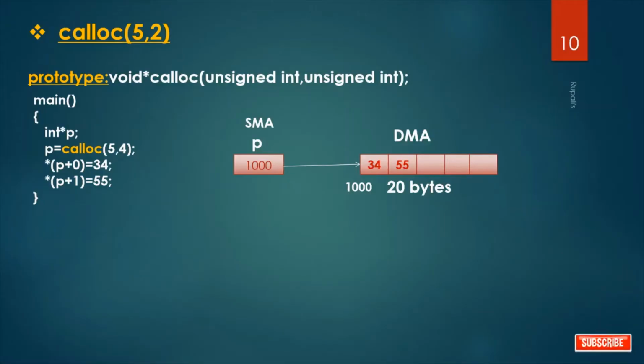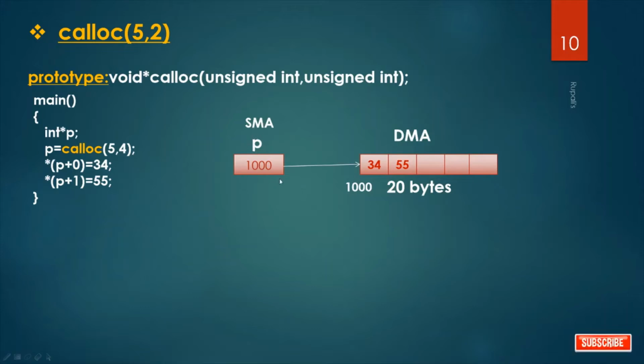Our next function is calloc. The prototype of the calloc function is void star calloc, then within brackets unsigned int. In main, if I write int star p, it means p can hold an address of an integer. This is static memory allocation.